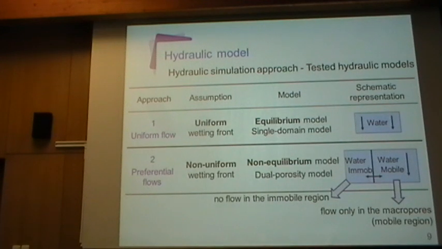We used two modeling approaches, the equilibrium model, and the second approach assumes that there is a non-uniform wetting front, and we use the dual porosity model. In this model, it is assumed that the water flows only in the macropores, called the mobile region, and no flow occurs in the micropores, called the immobile region.